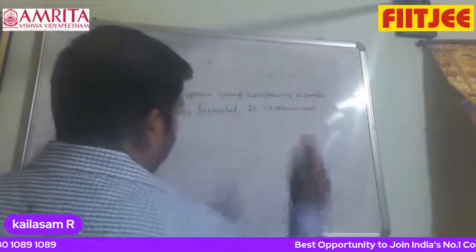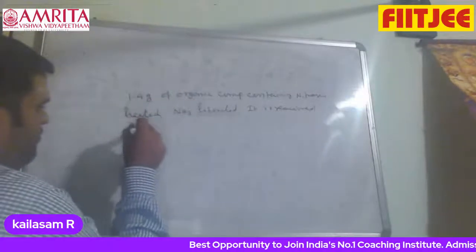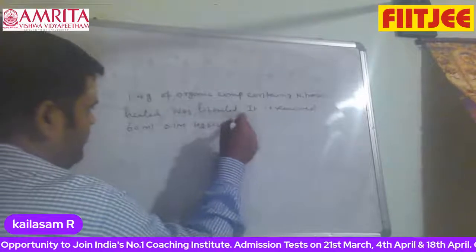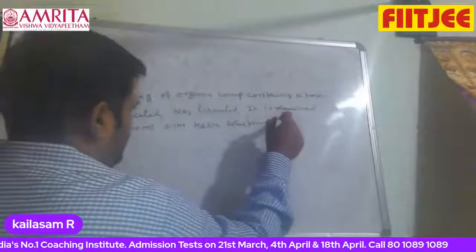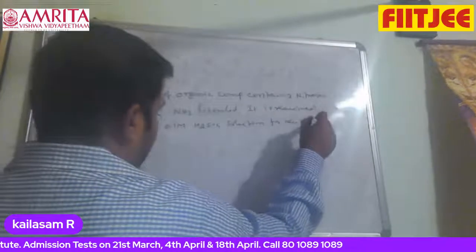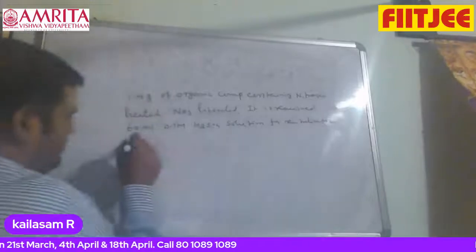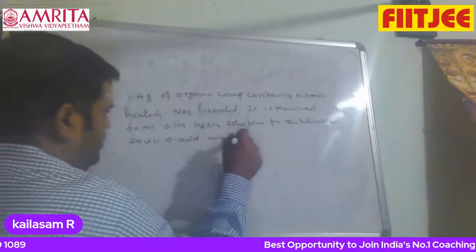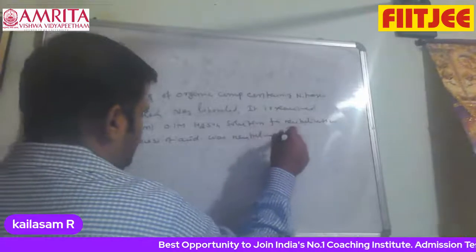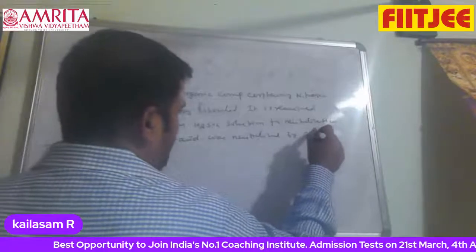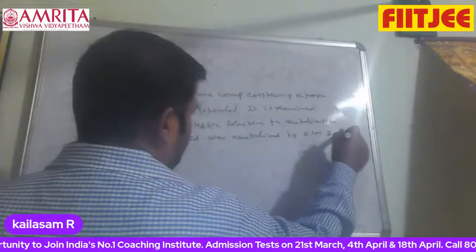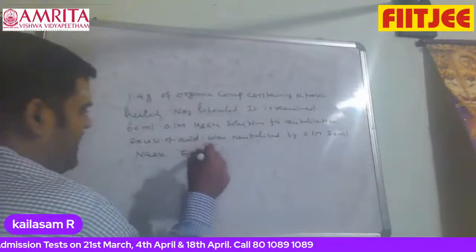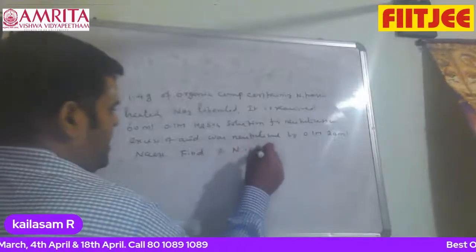It requires 60 ml of 0.1 molar H2SO4 solution for neutralization. The excess of acid was neutralized by 20 ml of 0.1 molar NaOH. Find the percentage of nitrogen in the organic compound.